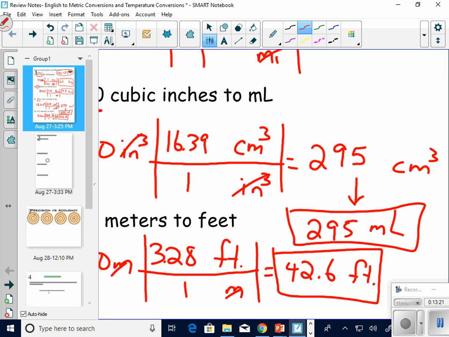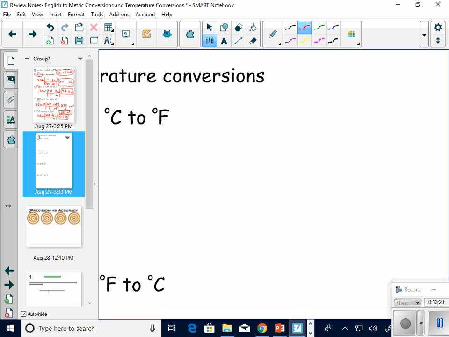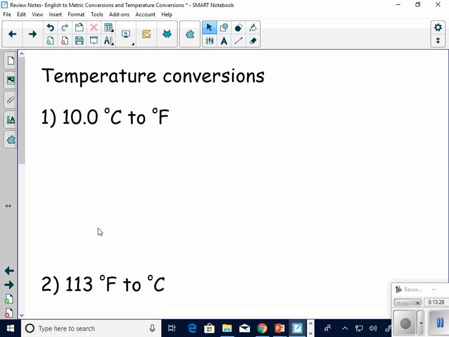All right, let's move on to my next one. My next one is a temperature conversion problem. Now, when I'm doing temperature conversions, I need to have my conversion factors, how to get from Fahrenheit to Celsius and vice versa.